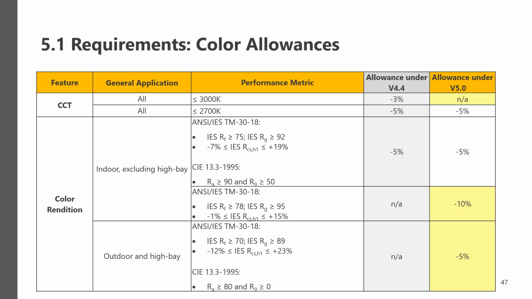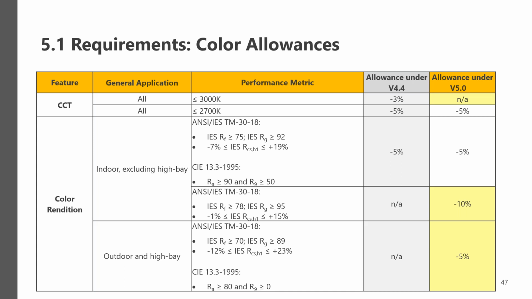While we simplified those CCT allowances, we added some more detail to color rendering. These allowances mimic the requirements for color rendition in the standard requirements, but they are intentionally more strict to get the allowances. So in version 4.4, an indoor product can get 5% for having at least 90 CRI, and we are adding an equivalent value measuring with TM30 in version 5.1.